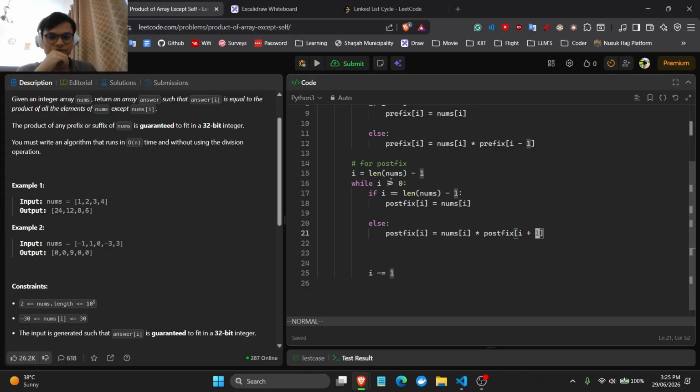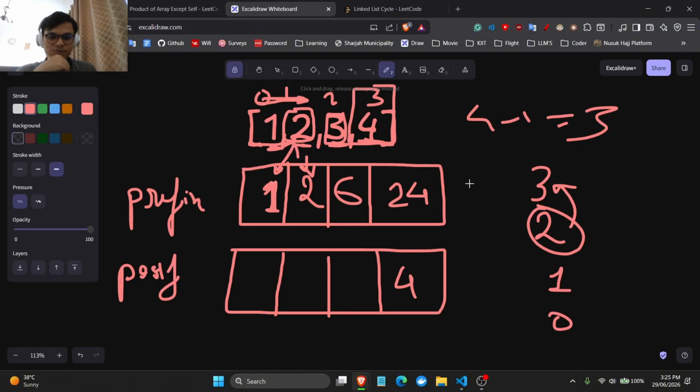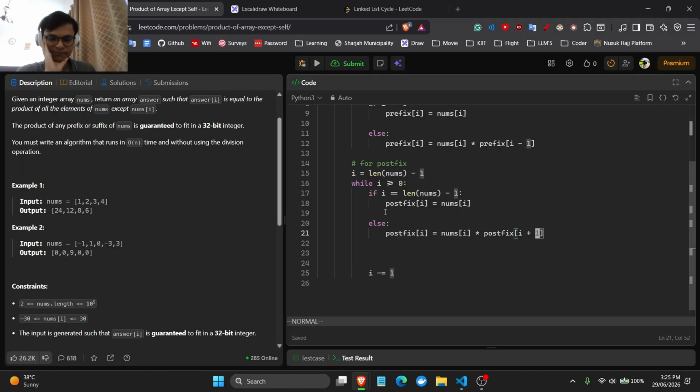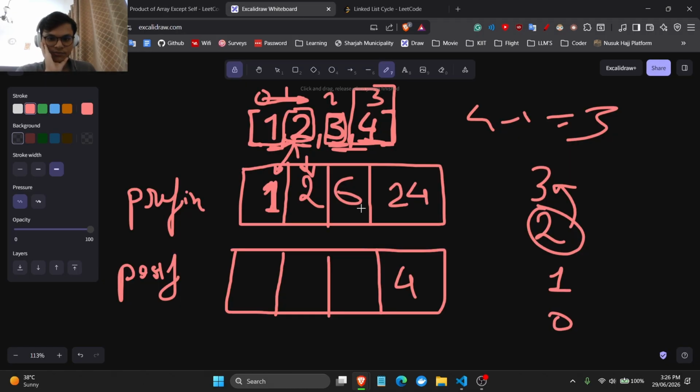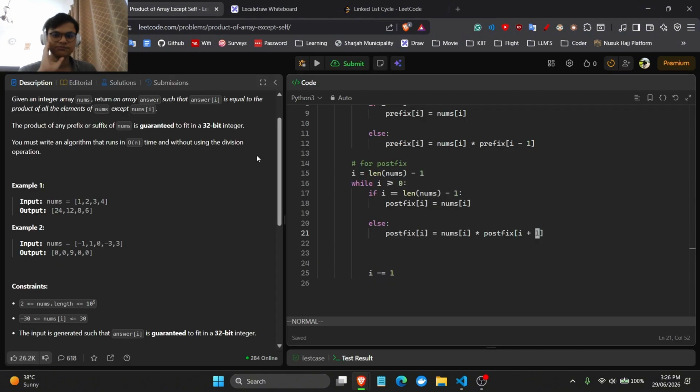Right, so because 4 is that, we do postfix of I is equal to nums of I. We have this, so we basically पीछे का देख रहे हैं तो हम लोग 2 है तो 2 से जाने का उधर वो है. Right, so 4 3s are 12 when you go to 2. 2 into that, so 24, and 1 into this 24.